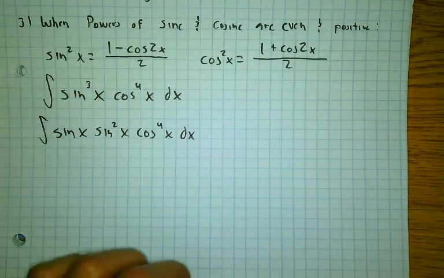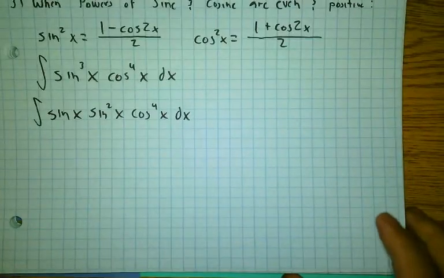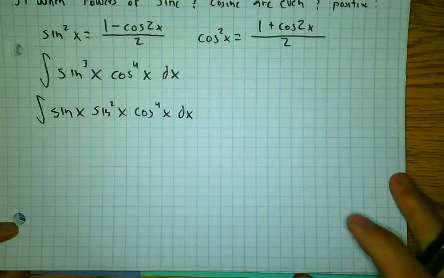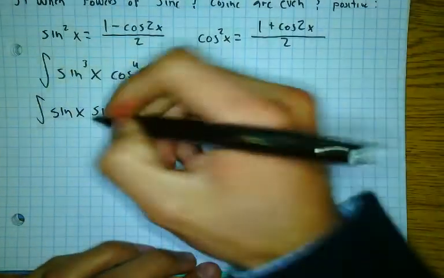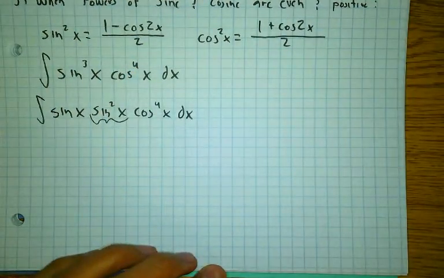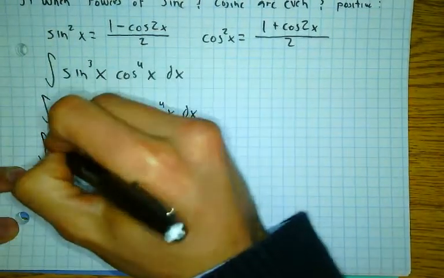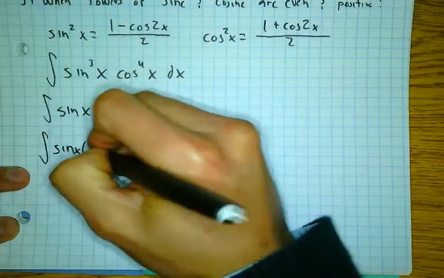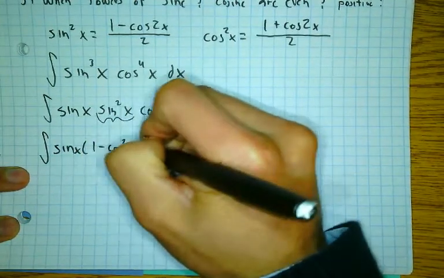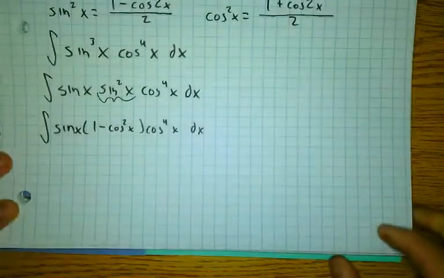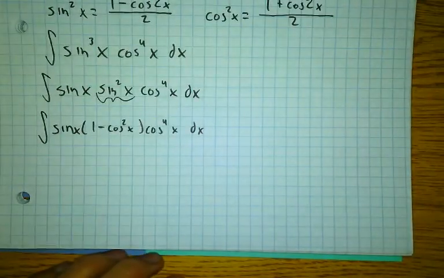Now, I'm going to show more steps than I usually would, just so that you understand what is happening. You're going to go back to your trig identities from trigonometry, and this can be substituted by what? Okay, so we're going to make that substitution. We're going to have sine of x times 1 minus cosine squared x times cosine to the fourth power x. And we're just going to multiply everything out.